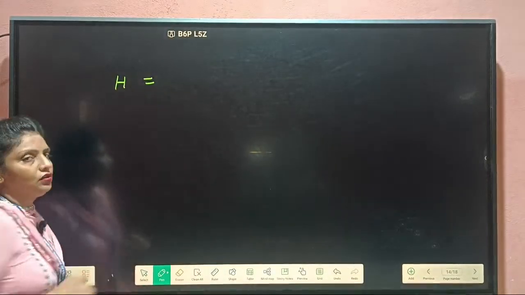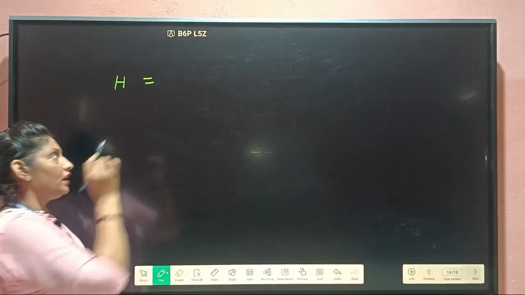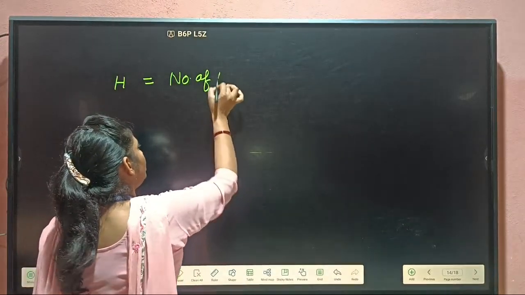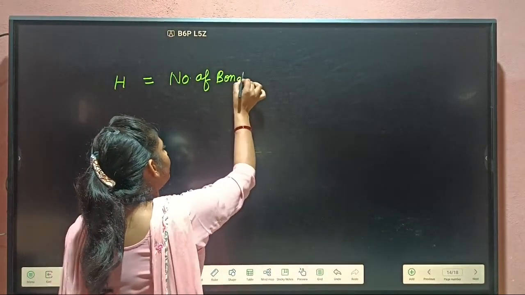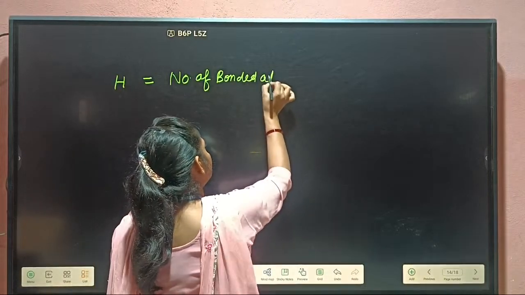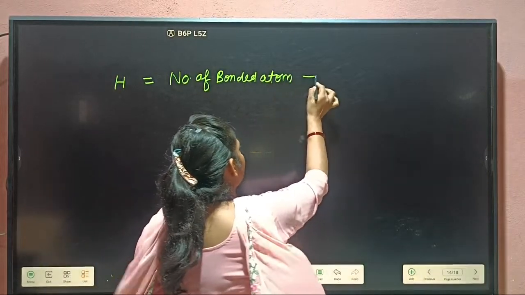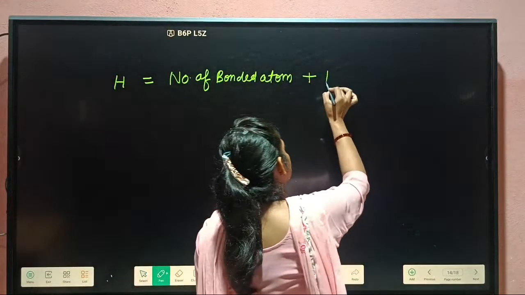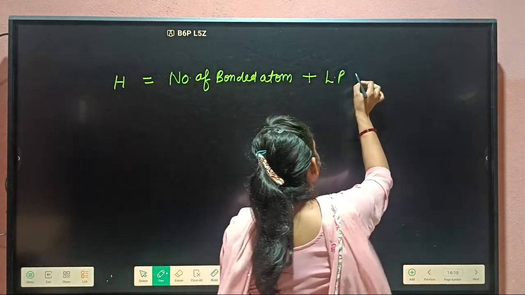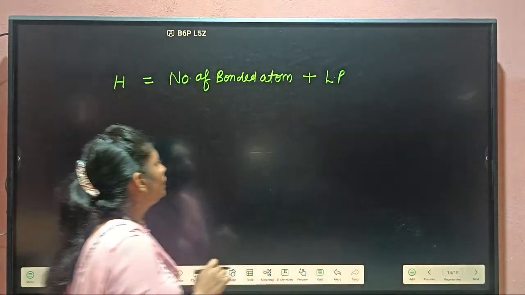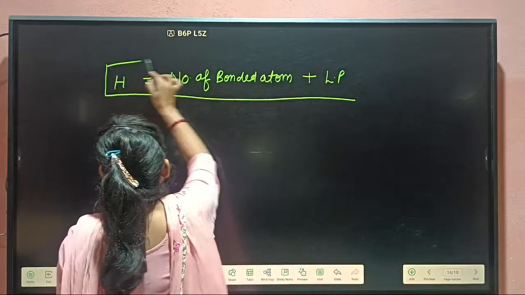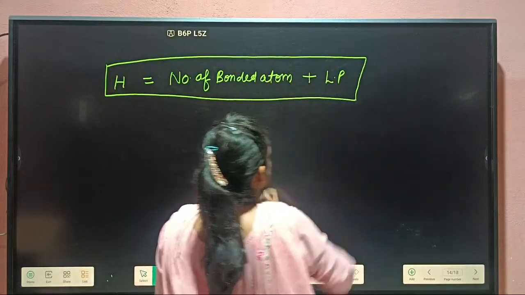Hybridization can be calculated by knowing the number of bonded atoms plus the number of lone pairs. By knowing only these two things, we can calculate hybridization.